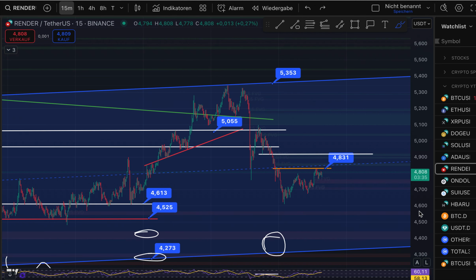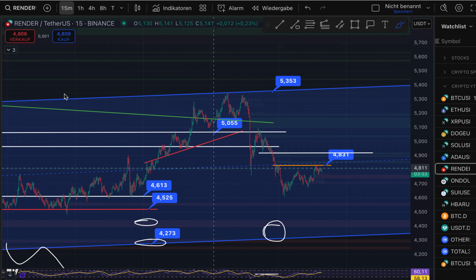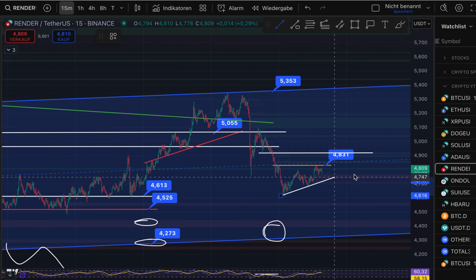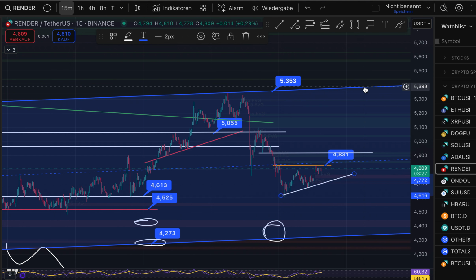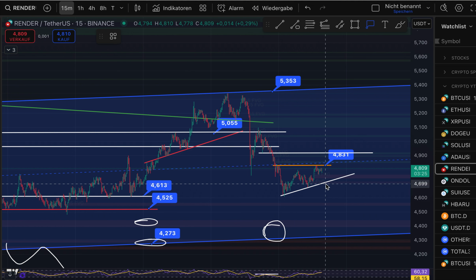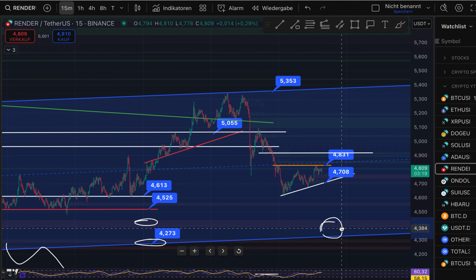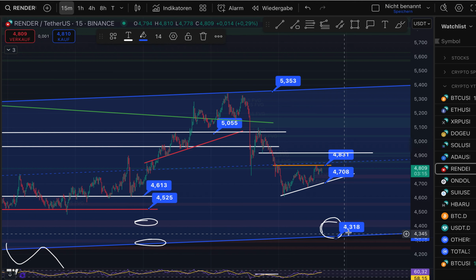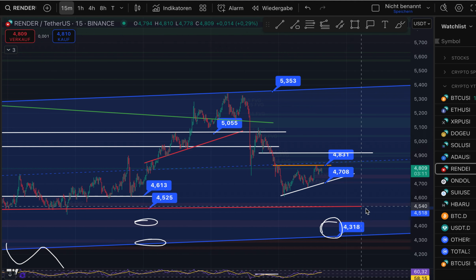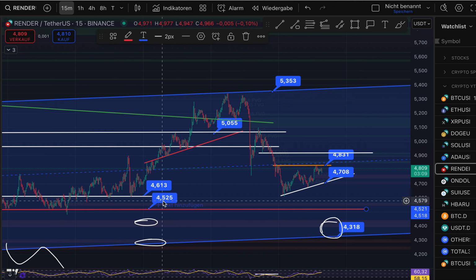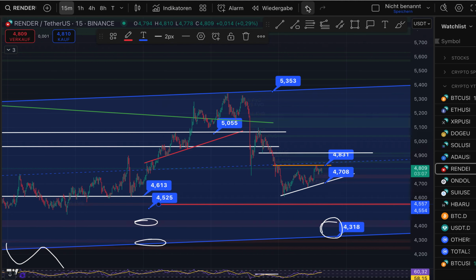If we break to the downside, and here we can make a trend line, it just has 2 touch points, but it's okay. If we lose that at $4.70, then here is a circle which is between $4.31 and here we have another support at $4.52, which is going to get interesting for us.